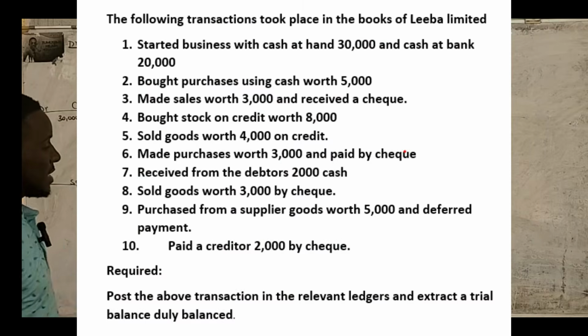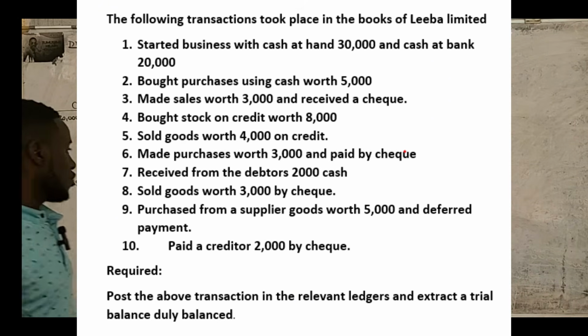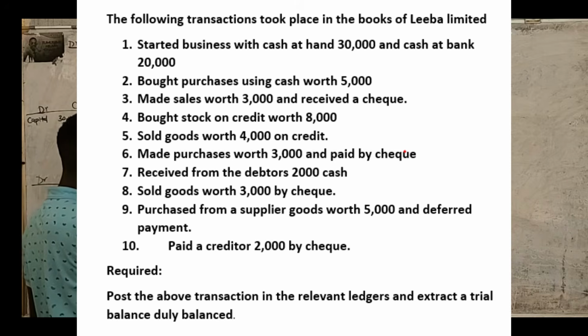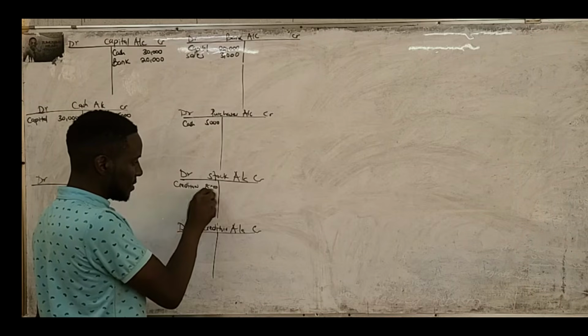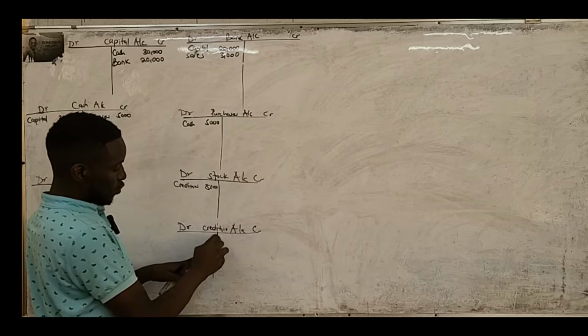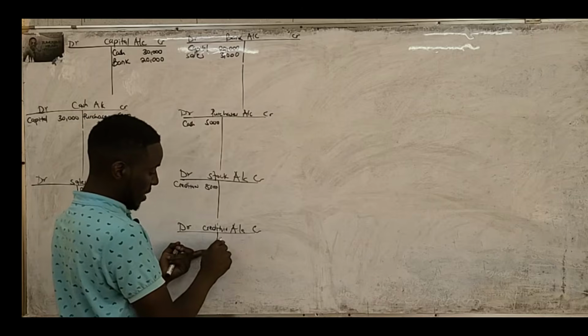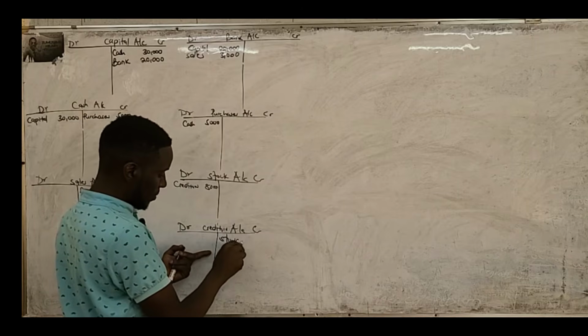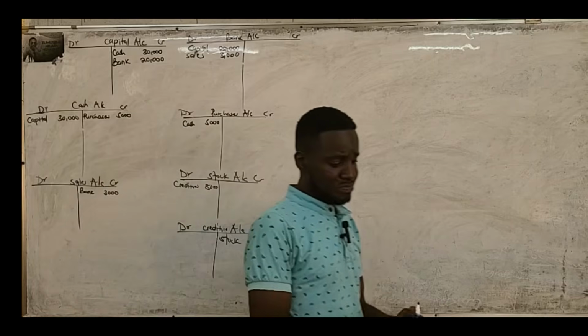So the transaction says bought stock on credit worth 8,000. So it means you're actually receiving stock from a creditor worth 8,000, and then we are losing. We are being demanded stock by a creditor worth 8,000. So that's how easy it is.